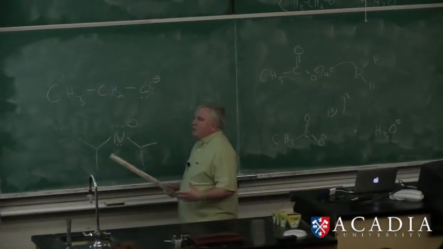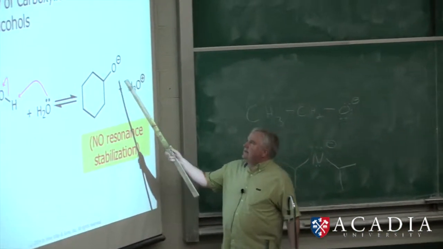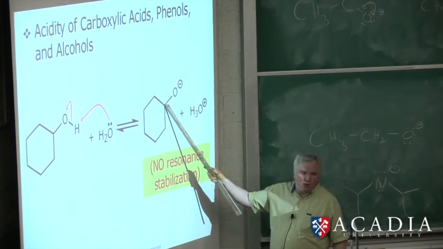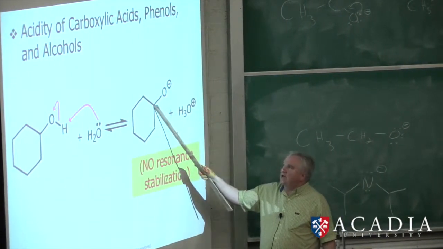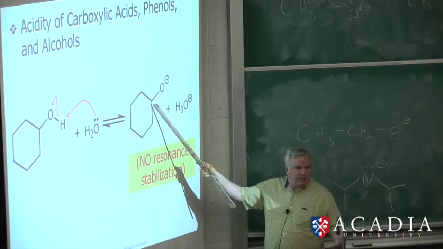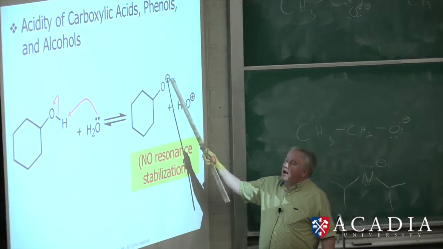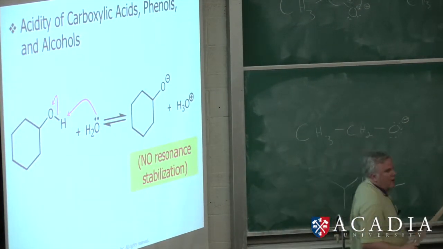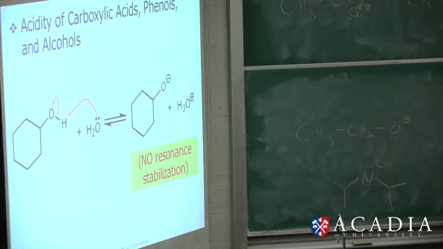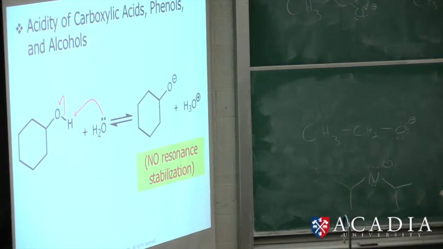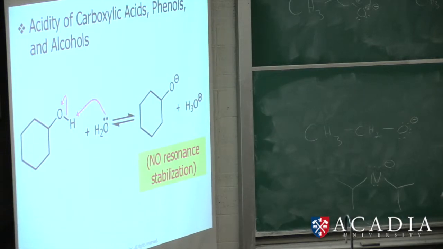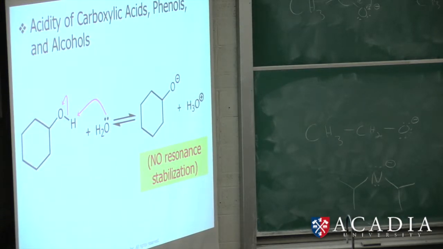For this thing, we cannot draw any stable resonance structures. Remember, this is not really in a plane. This is a tetrahedral, sp3 hybridized carbon, and we cannot disperse that negative charge out amongst that ring. So cyclohexanol is the weakest acid, the benzoic acid is the strongest acid, and that phenol is somewhere in between.